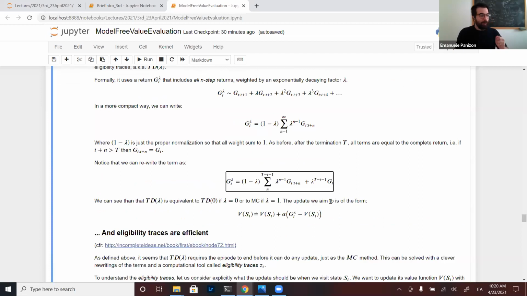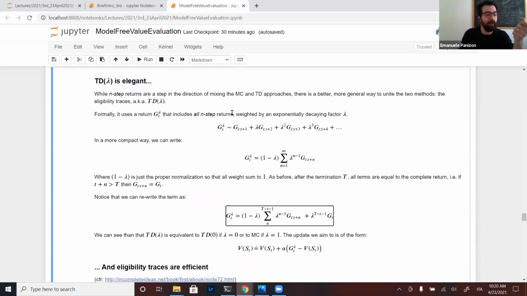Okay, the problem is, as you can see, that as defined, you again require all steps. So temporal difference 0, you require only one step and you can do an update. But here you have one step update, one step return, two step return, three step return, four step return, and etc. So we can see this as a forward view.